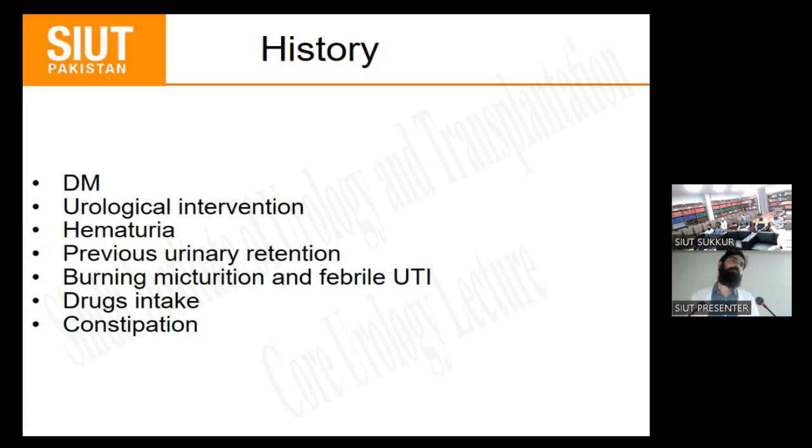It goes from 0 to 35, where 0 is asymptomatic, 1 to 7 is mild symptoms, 8 to 19 moderate symptoms, and 20 to 35 severe symptoms.